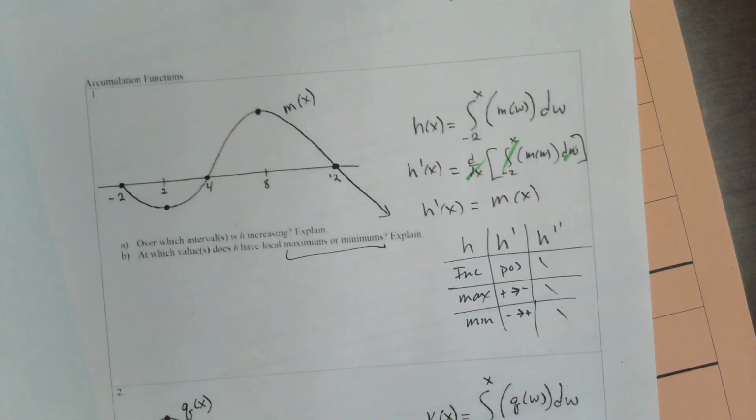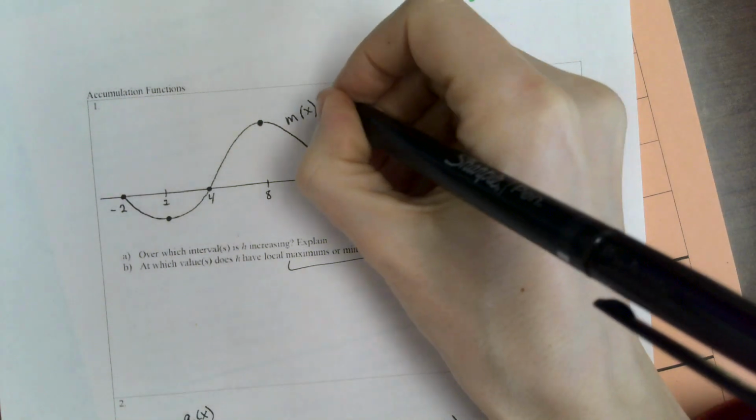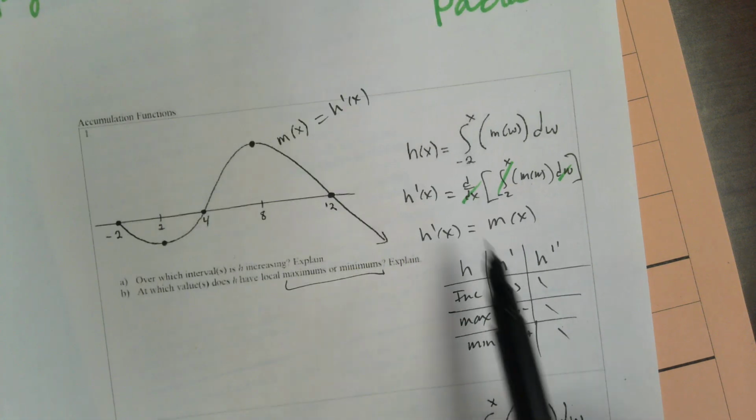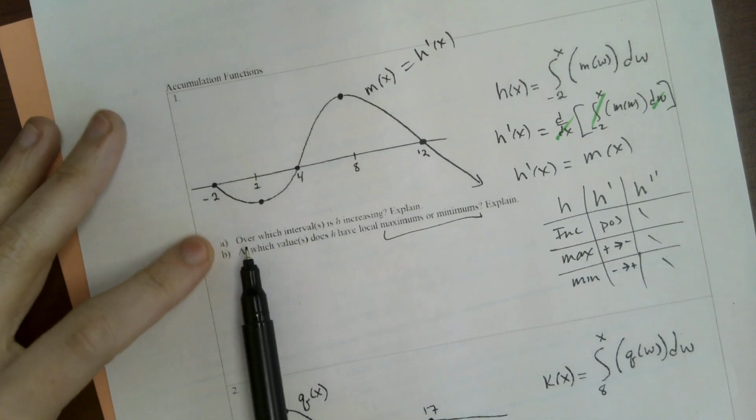So guys, when we do our explanations, we need to make this connection. What we have is that m of x, this graph, is actually h prime of x. So in our explanations, when we refer to this graph, we have to make clear that we know it's the derivative of h.